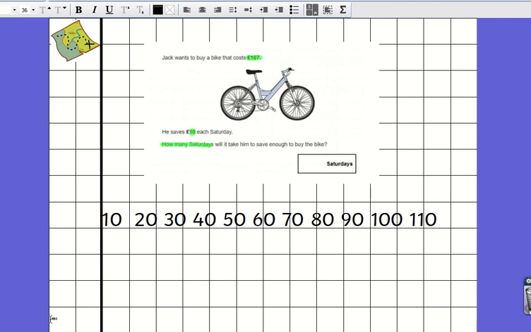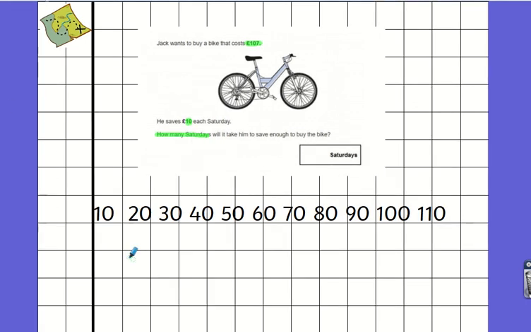Now you might want to do this on a number line. A number line would be brilliant for this, okay? This is every Saturday. So every Saturday he saves this amount. So this is 1 Saturday, 2, 3, 4, 5, 6, 7, 8, 9, 10 Saturdays, but 107 isn't in the 10 times table.